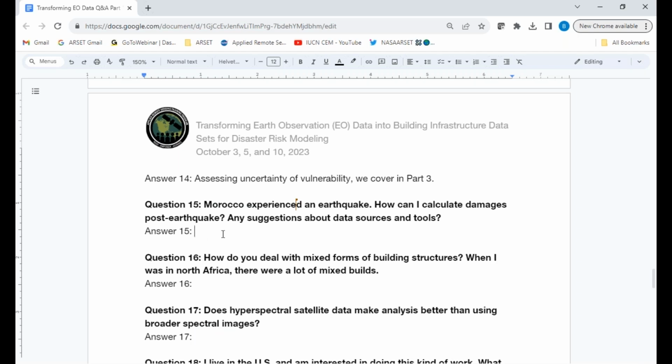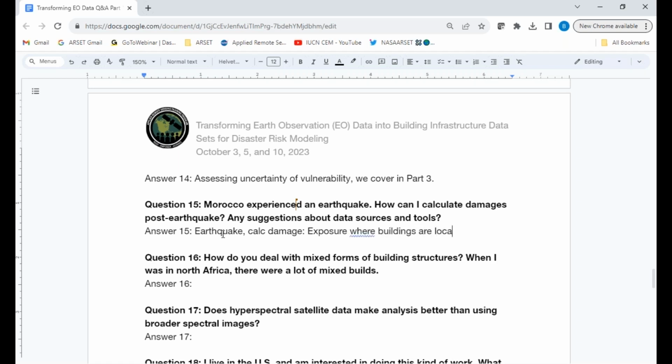For calculating earthquake damages, you definitely need three different parts. One is the exposure, as we discussed in this particular workshop. That means where people and buildings are located, and what kind of vulnerability they have.